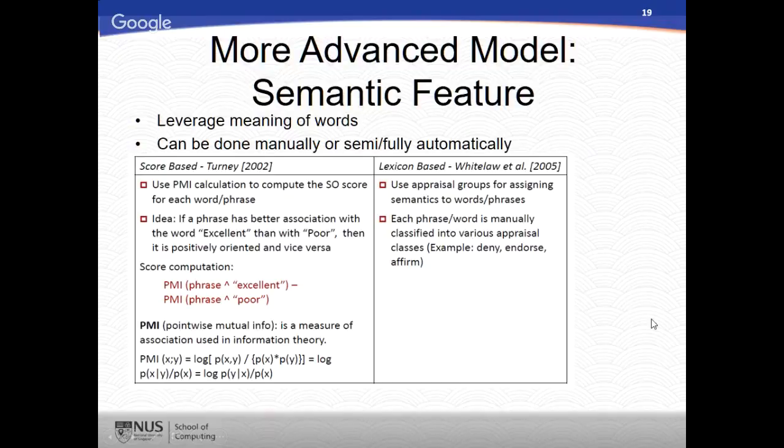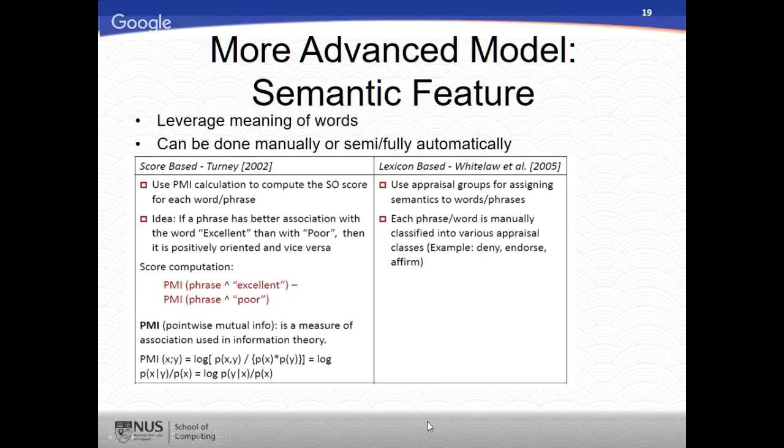There are even more complex statistics. For this research, they use the co-occurrence between a phrase and the words "excellent" and "poor". If a word or a phrase is likely to co-occur with "excellent", this phrase is likely, not definitely, but likely, to be a positive one.